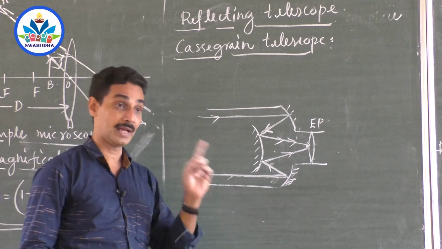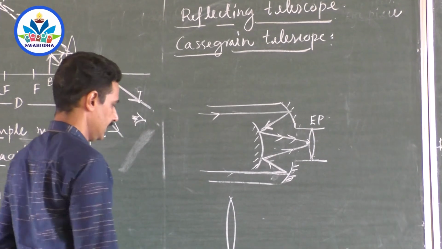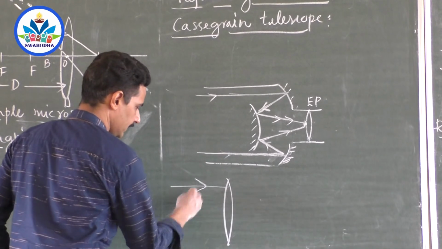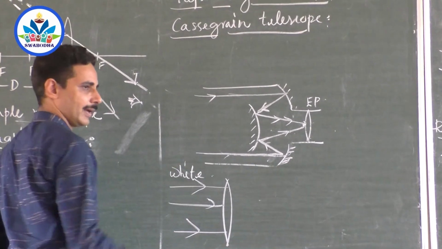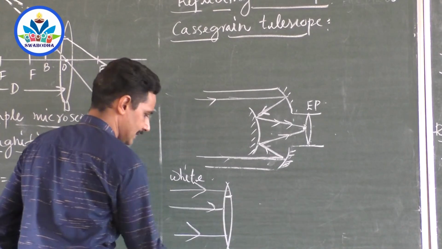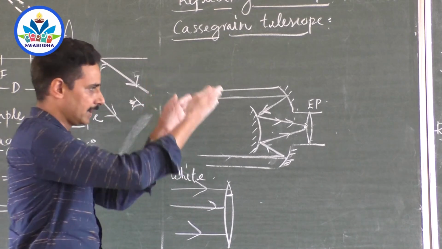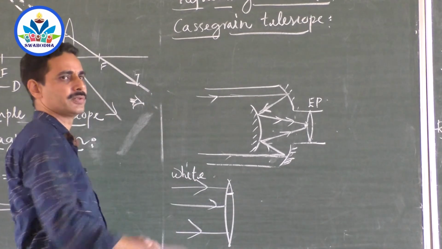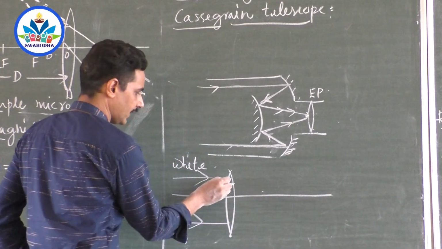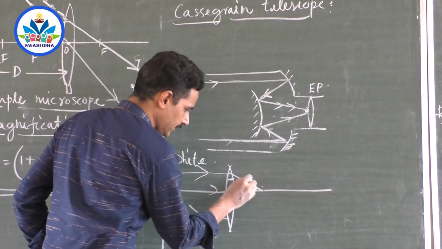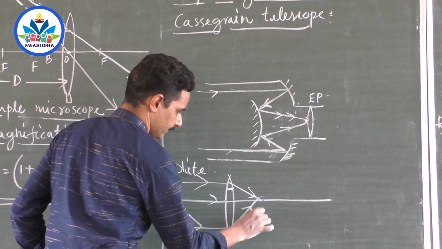That is one advantage. Another major advantage is, if you take a lens and an incident parallel beam of white light, this part of the lens acts like a prism. If you chop out one portion of the lens, it acts like a prism. So after refraction, violet is bent more, and all the violet rays get focused here.